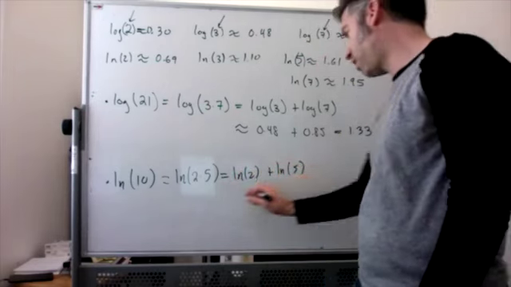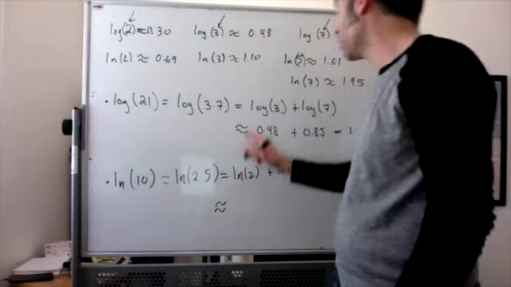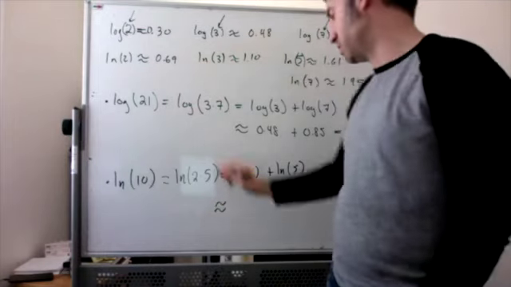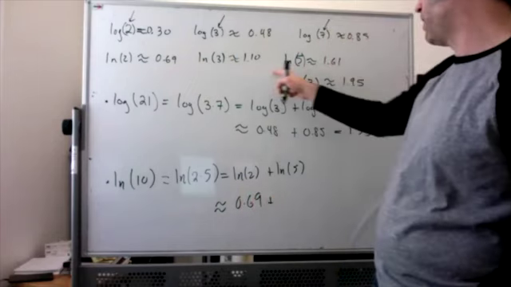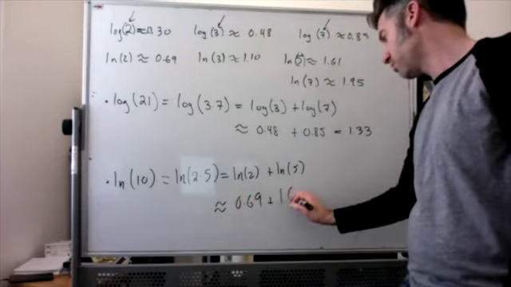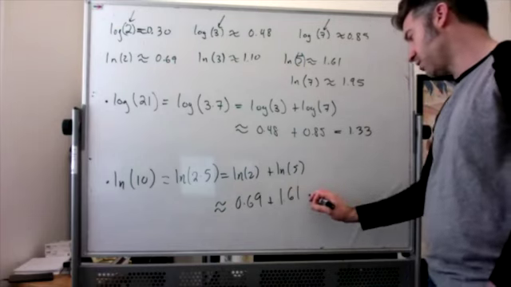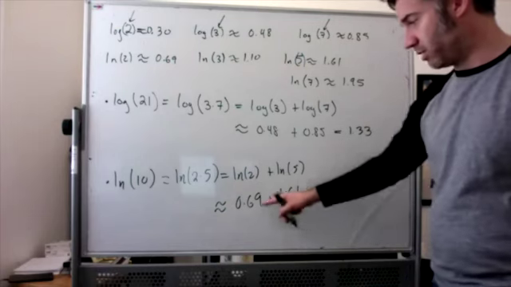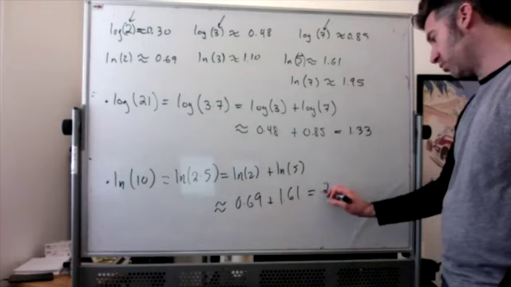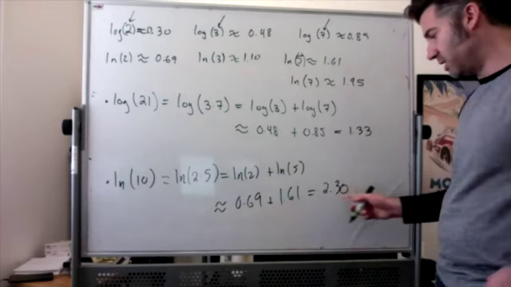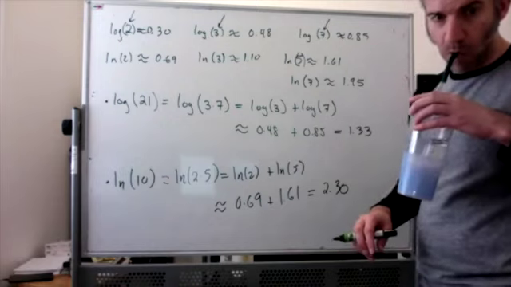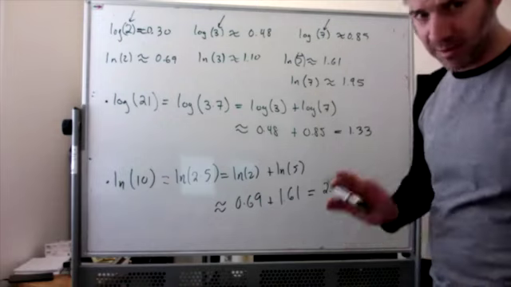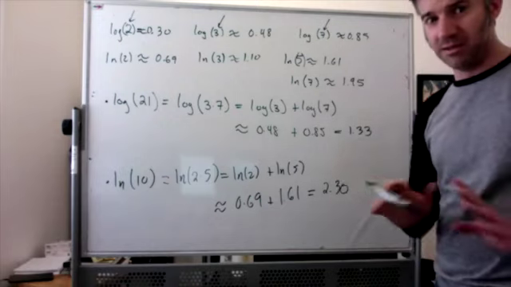And that's approximately equal to the natural log of 2, which is 0.69, plus the natural log of 5, which is 1.61. And then adding those together, 1.61 plus 0.69 is going to be 2.30. You don't need the 0 at the end there, but it doesn't hurt to put it on there. This is not a chemistry class. We're not worried about significant digits or anything like that.